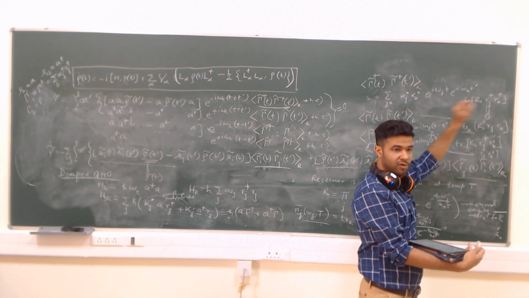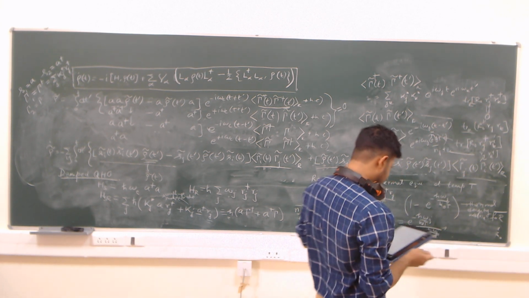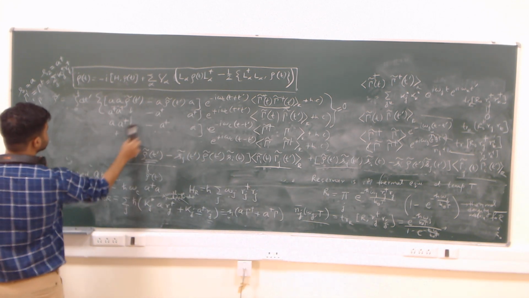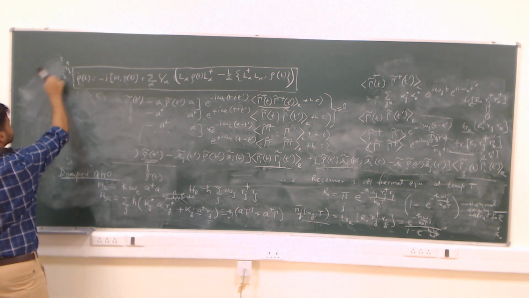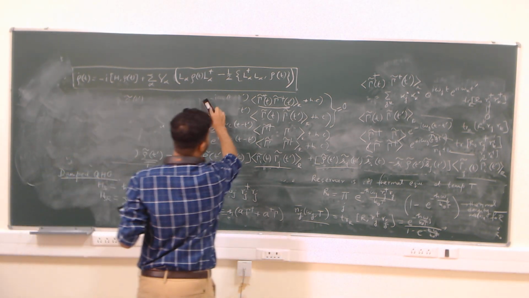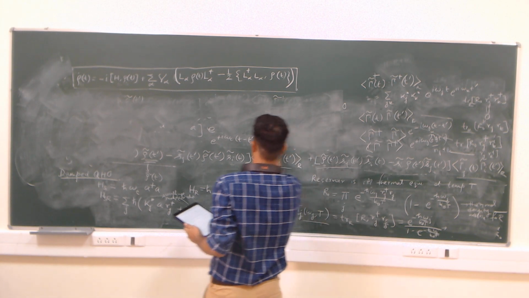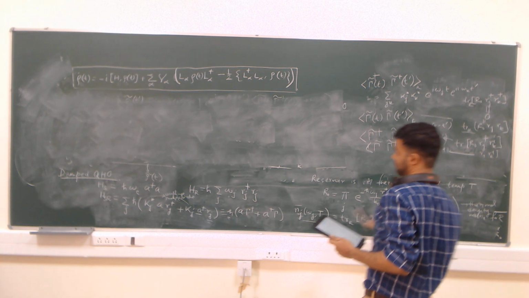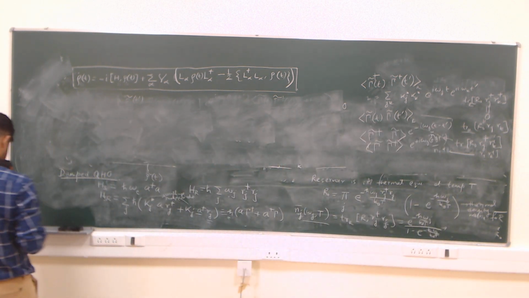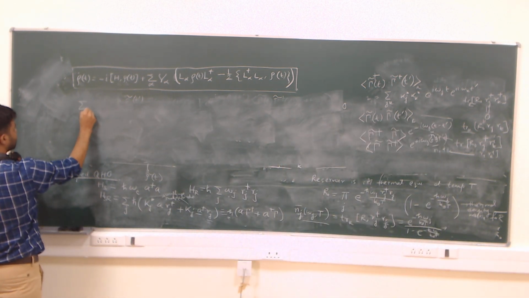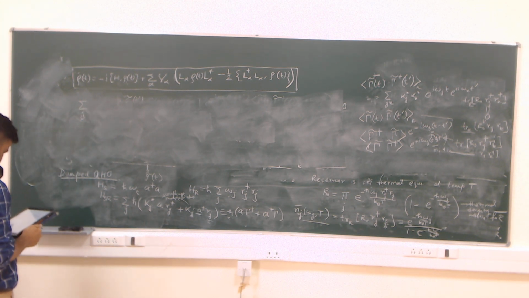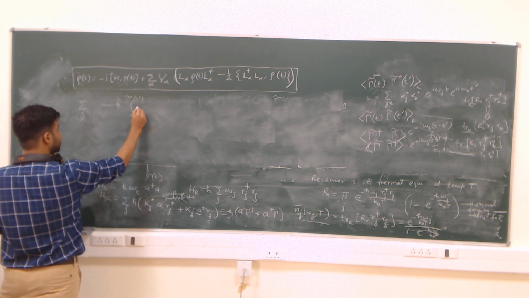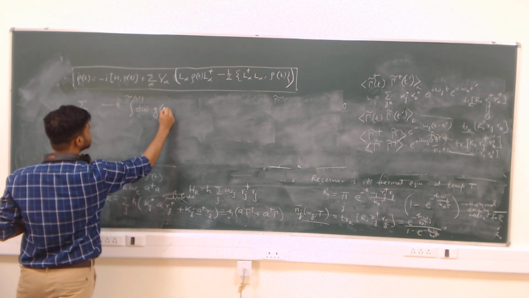We now have only one sum over just j, and that sum over j I will replace by something like the density of states.